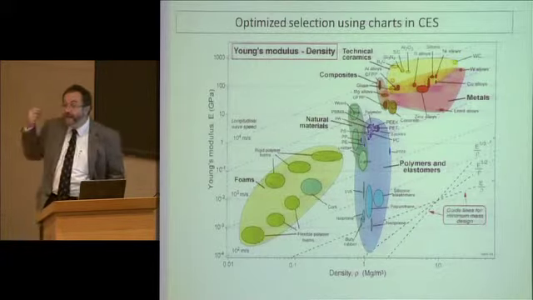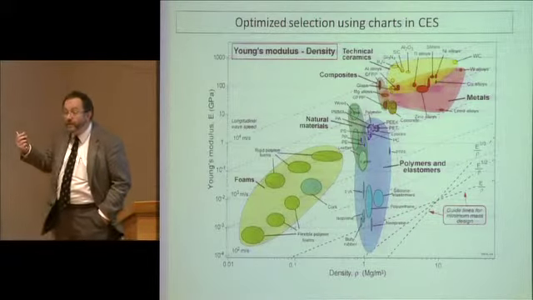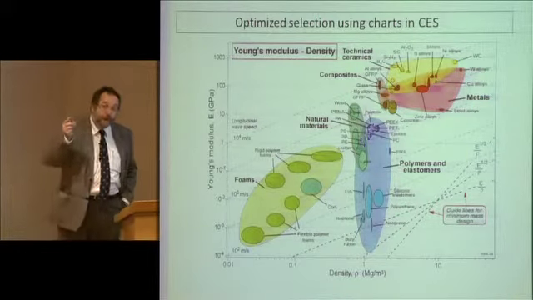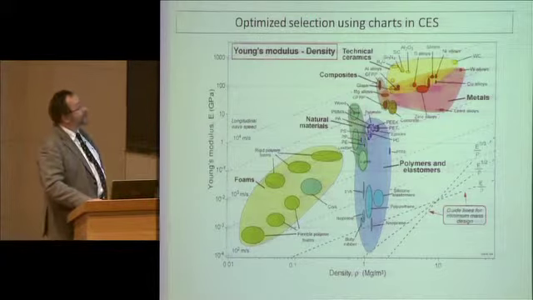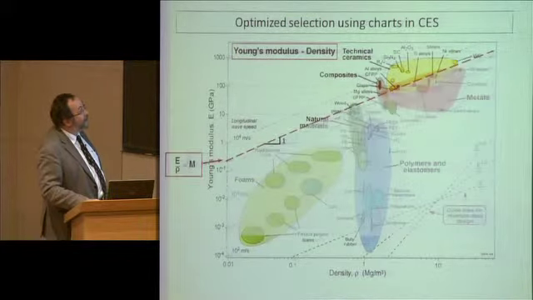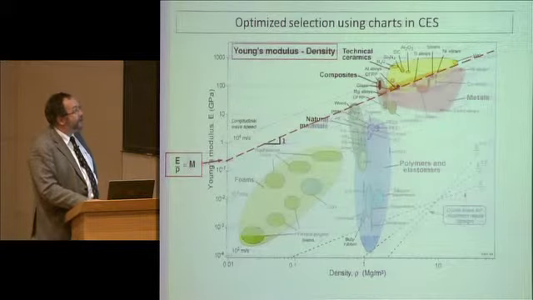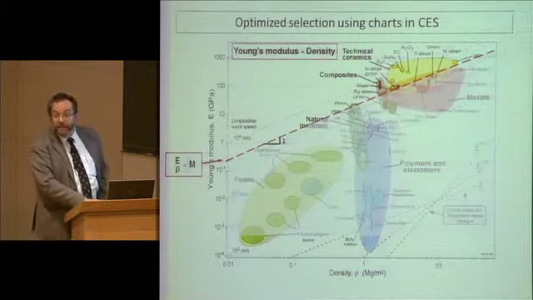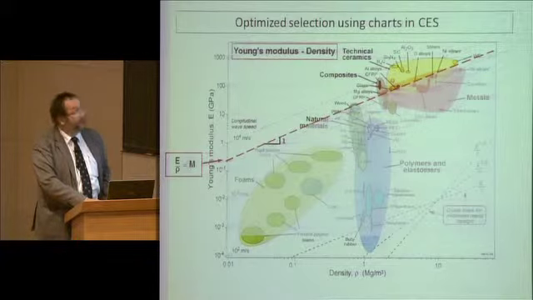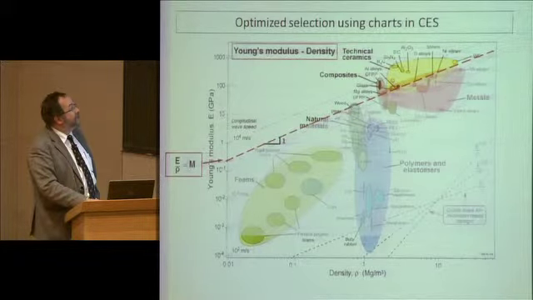density. So how can you describe indices that give us the relevance of materials for a given point in the specs? So I showed you this map before. You take the Young's modulus graph, you trace logarithmic lines here of equiperformance.